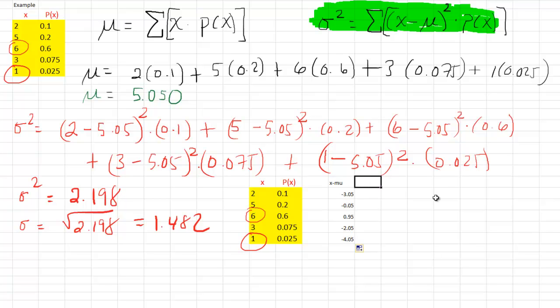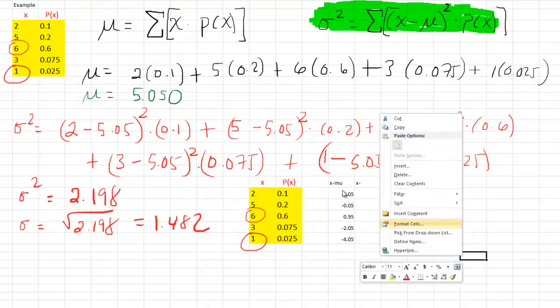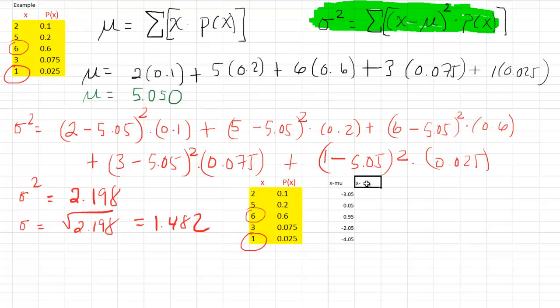The next thing we need to do is take x minus mu, and we're going to square it. Equals. This first value is minus 3.05. We're going to square it. Drag down.